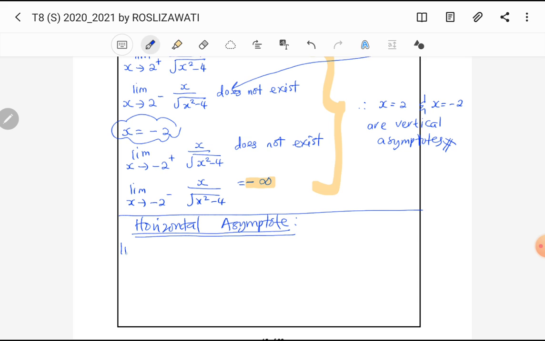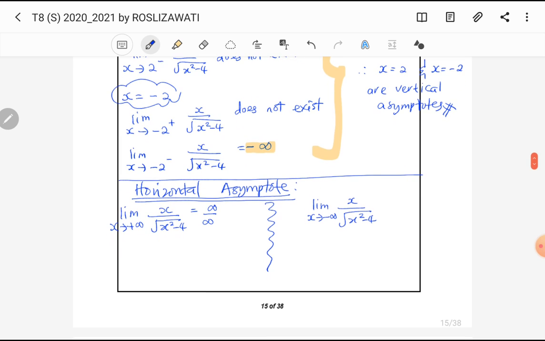So, first, we find limit x over square root x squared minus 4 as x approaches positive infinity. And the next one is limit x over square root x squared minus 4 as x approaches negative infinity. Okay, so if you substitute directly, you will get infinity over infinity, undetermined. Okay, so kita kena buat apa?